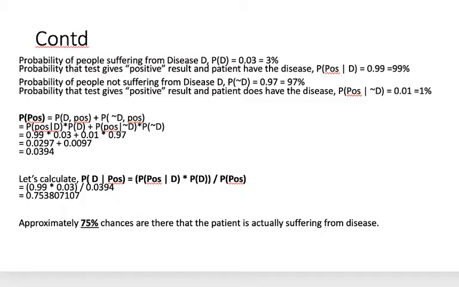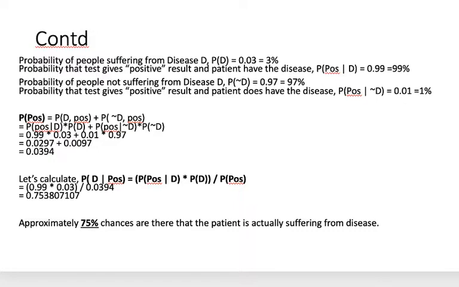Now, we know the probability of the test getting a positive result given the patient has the disease, which is 99%, multiplied by the probability of people suffering from the disease, which is 3%, divided by the probability of getting a positive result. What is involved in getting the positive result is the probability of the patient having the disease given the positive result, and the probability of the patient not having the disease given the positive result.